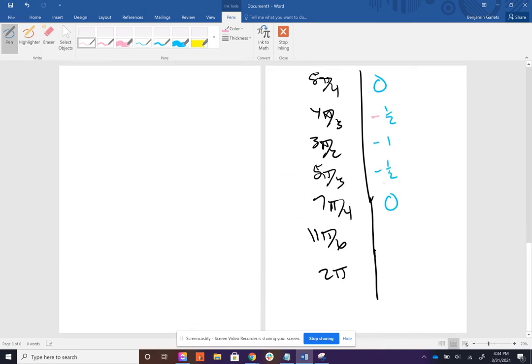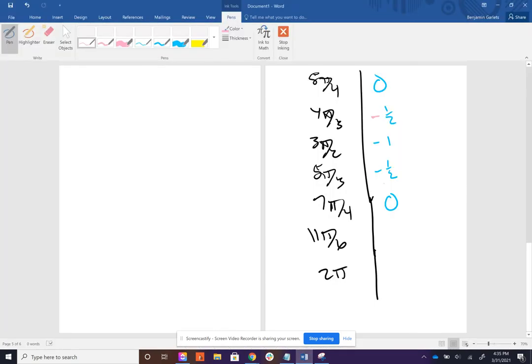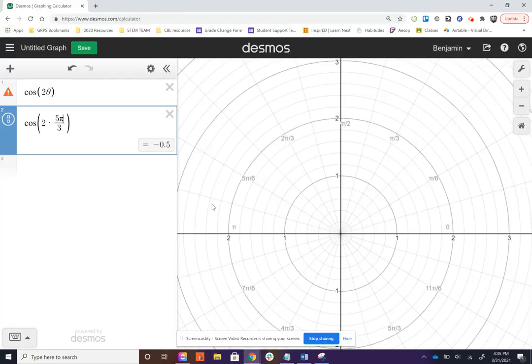All right. 7 pi over 4, 0, and then 11 pi over 6. We also need 5 pi over 3. 5 pi over 3 is negative 1/2. Oh, we did that one. Never mind. 11 pi over 6. 11 pi over 6, 1/2.